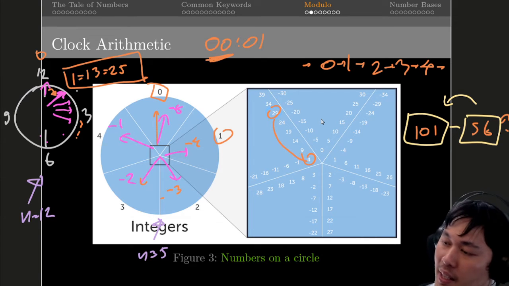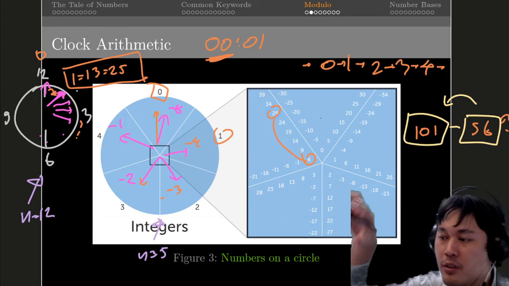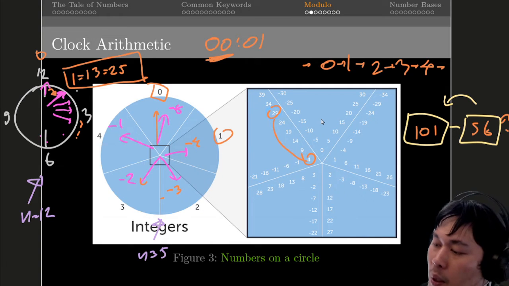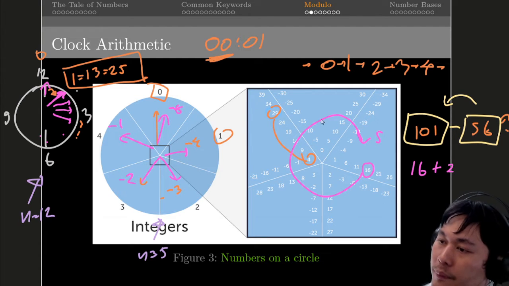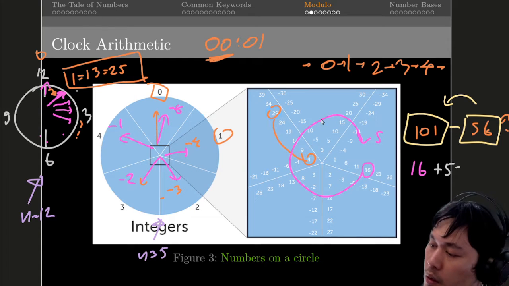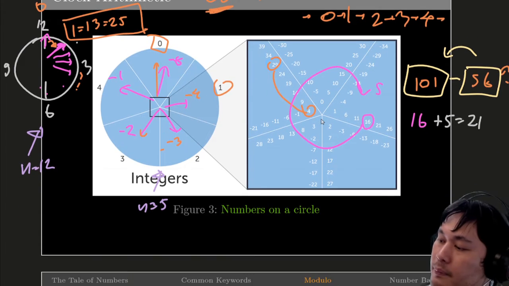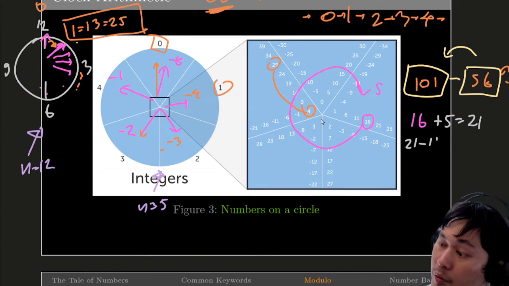We have to come back here and ask what it means for two numbers to be in the same section. If you start at 16, you would have to add 5 to get 21. Or in other words, the difference here is 5.